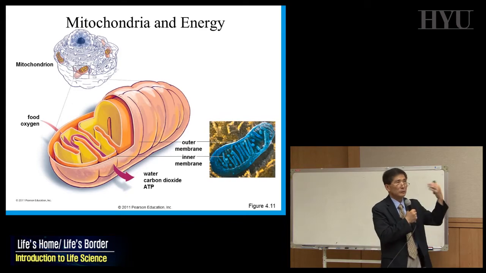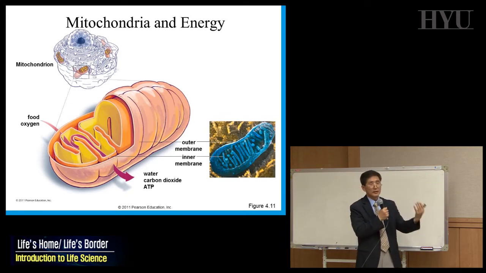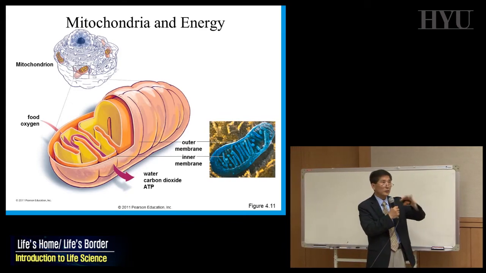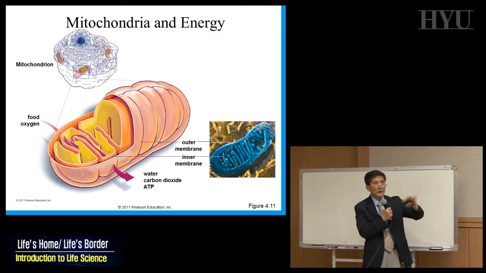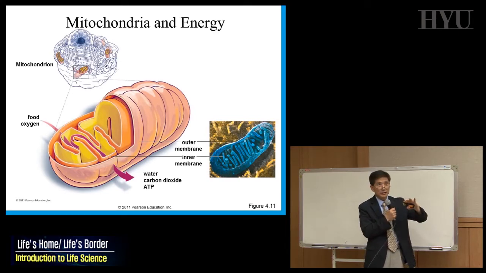So that will give you lots of energy. If you look at the cells, if it is muscle cells, you see lots of mitochondria, because when you move, when you run, when you exercise, the muscle cells need a lot of ATP.